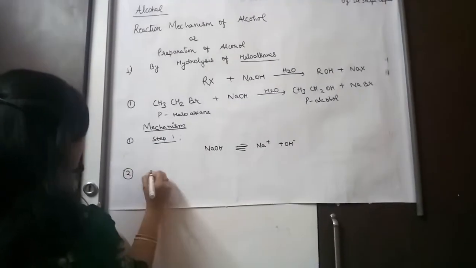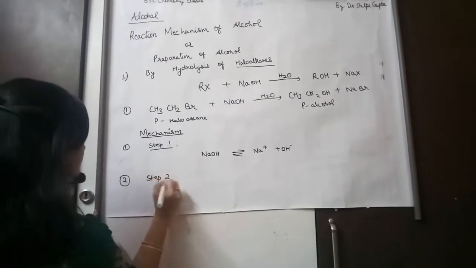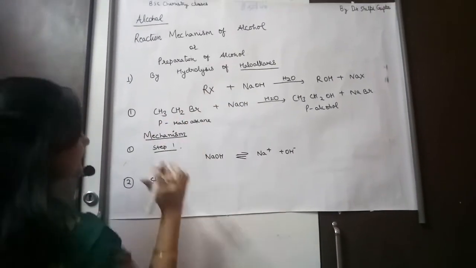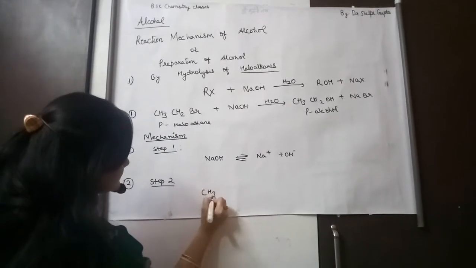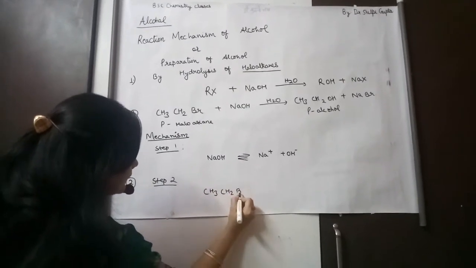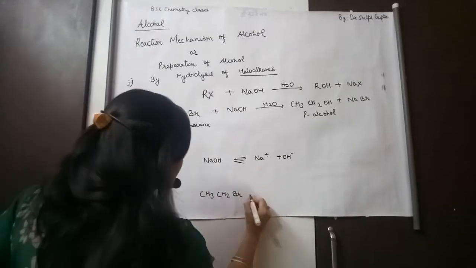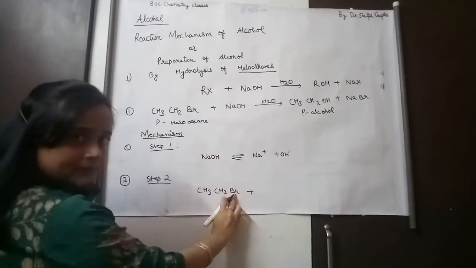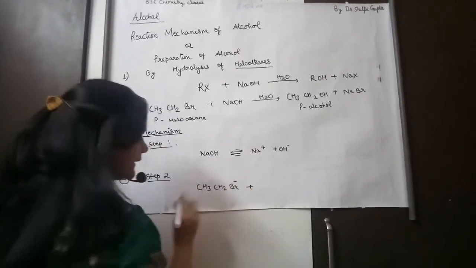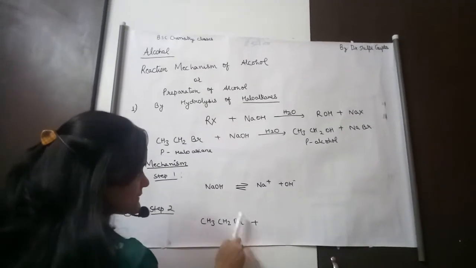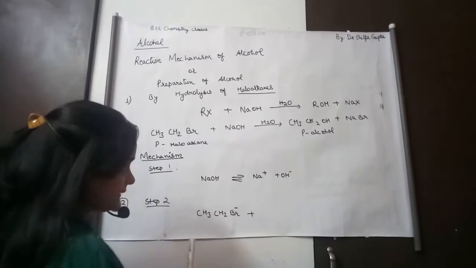Then comes step 2. We have taken the primary haloalkane CH3CH2Br. Now what will happen? The hydroxide ion is a nucleophile, as you must be aware. It has a lone pair of electrons with itself.